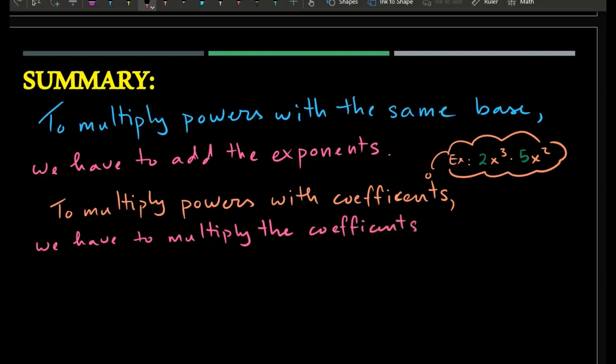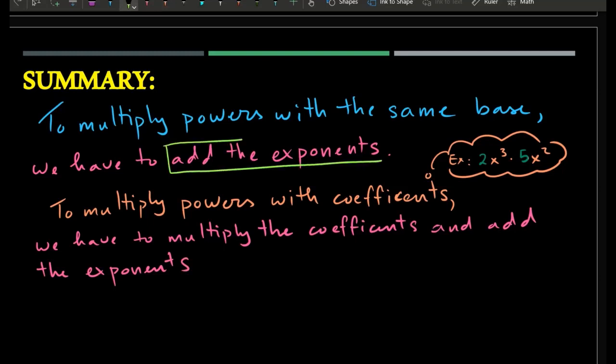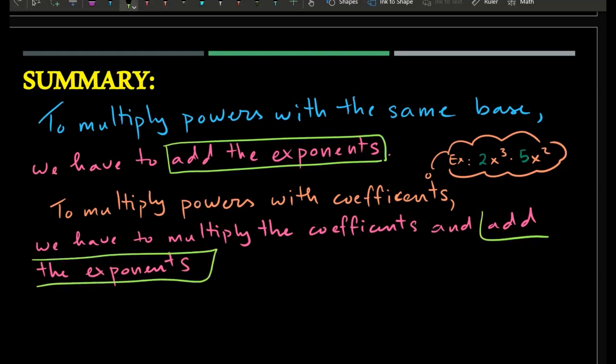To multiply the coefficient and add the exponent. Make sure the concept is unchanged for the top and bottom. We still add the exponent, but we multiply the big number.